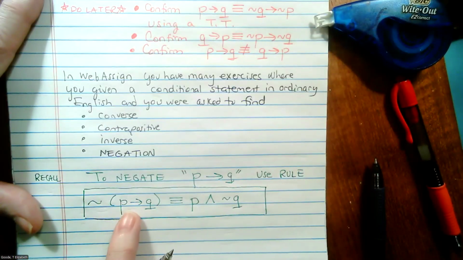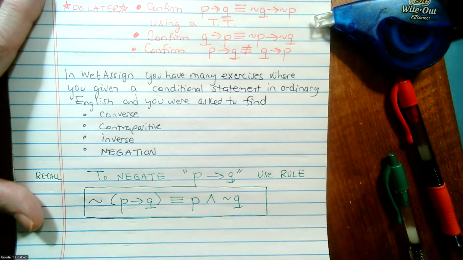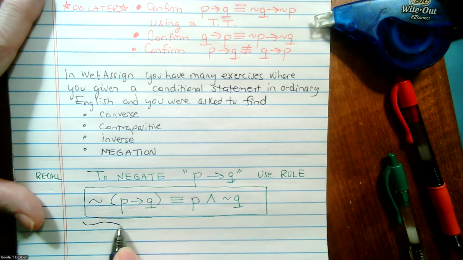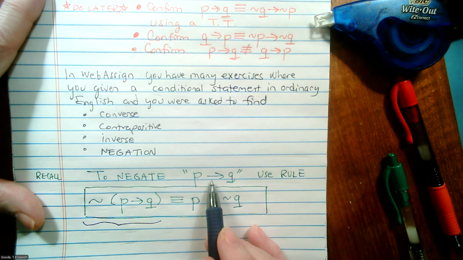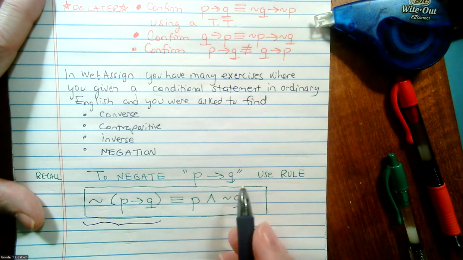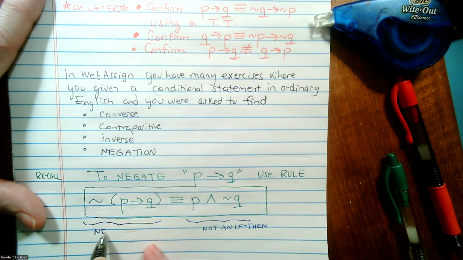The negation of an if-then statement, folks, is not another if-then. Because remember, we learned an if-then is universal. Its negation cannot be an if-then because then it would be universal.